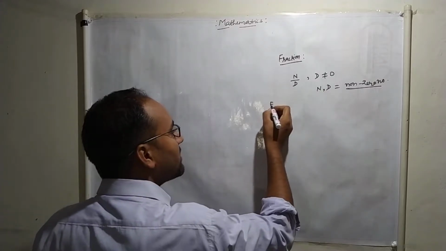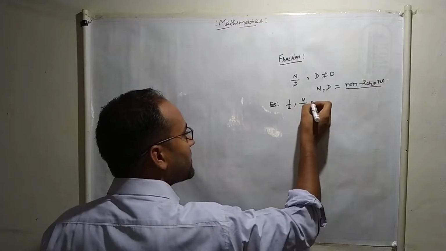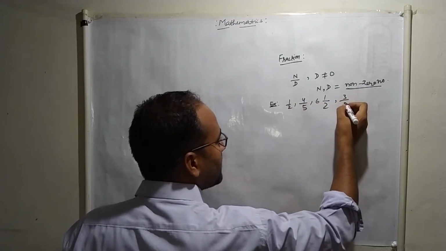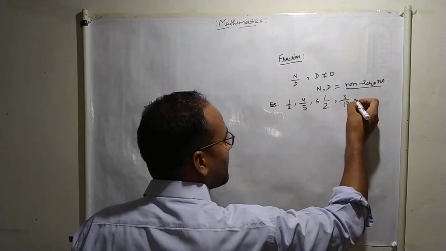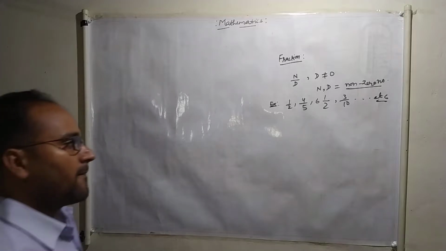Some examples are 1 by 2, 4 by 5, 6 whole 1 by 2, 3 by 10, and so on.